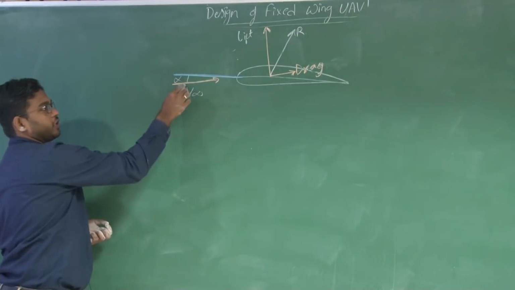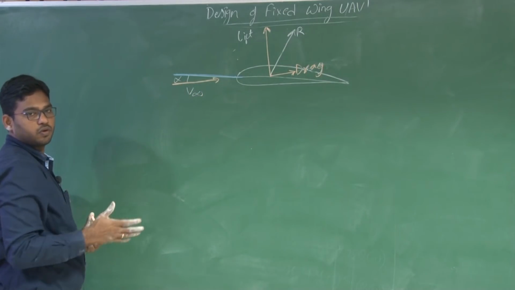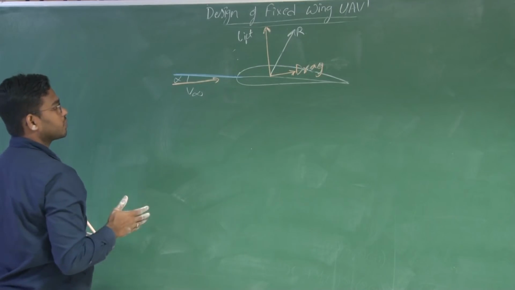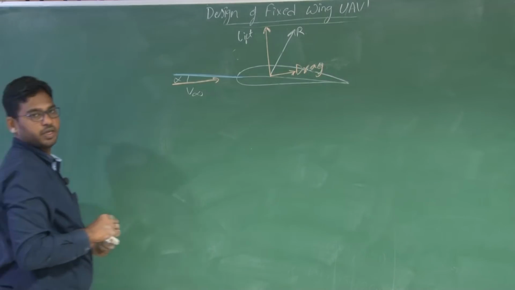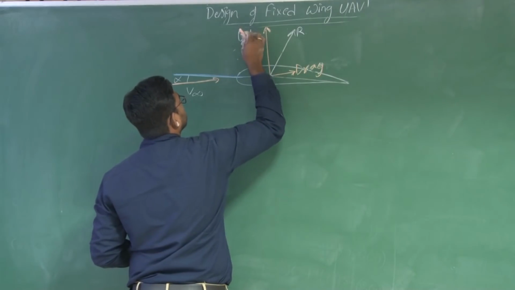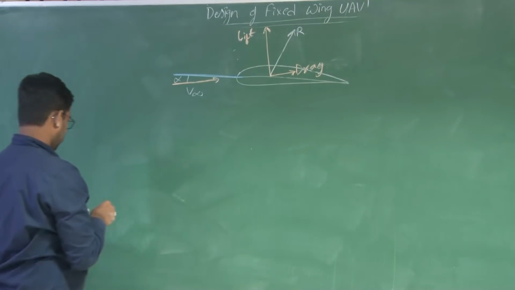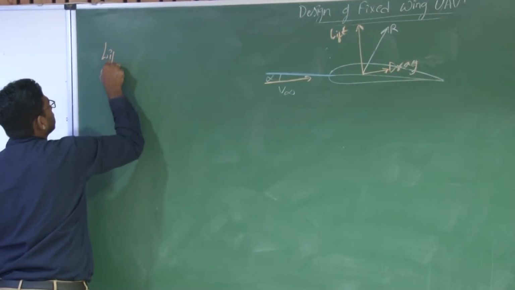So they belong to wind axis, right? At a later stage we will see this as a wind axis. When you talk in terms of lift and drag, we are talking about forces in the wind axis system. Now let's define lift.